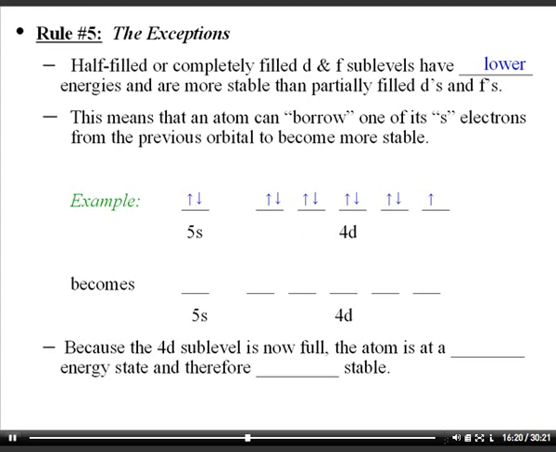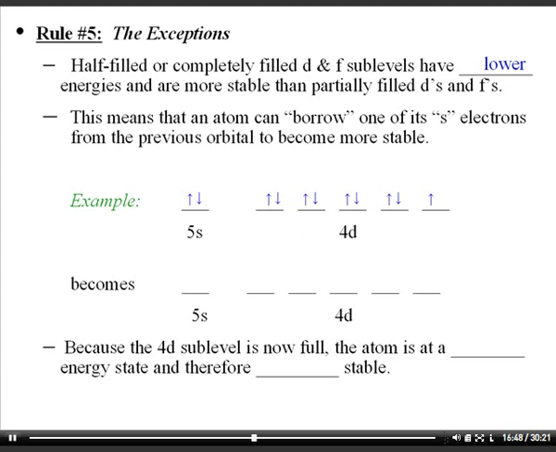So here's an example. We have 2 electrons in an orbital called 5s. Now the number 5 is the distance and the s is a sphere. And then in the next highest energy level, it's called 4d. 4 is again a distance and d is the complex crisscrossing ellipsoids. And we only have 9 electrons that are out there. And 9 is not half-filled nor completely filled. So it's slightly more unstable than if you were to have 5 or 10.